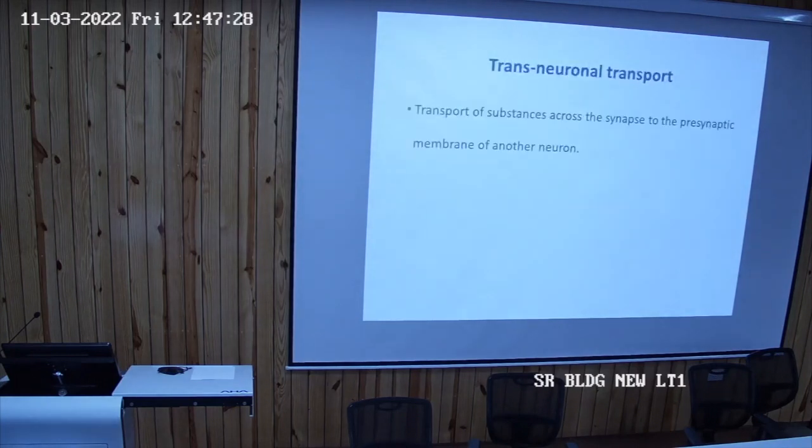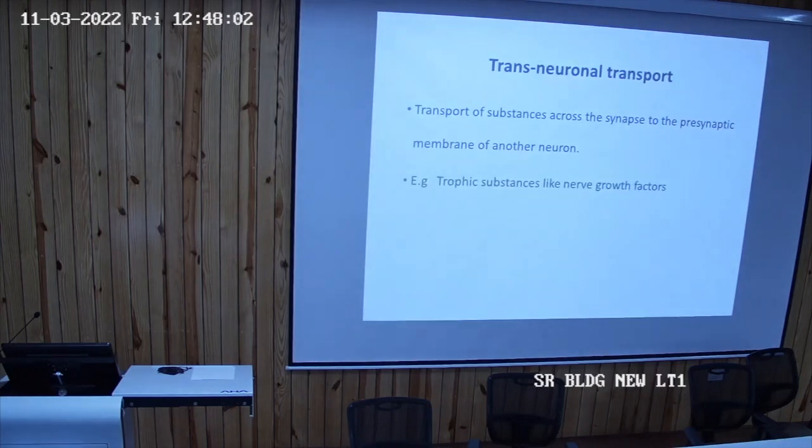When there is transneural transport, as we discussed, there may be substances which may be transported across the synapse. एक सिनेप्स से दूसरा सिनेप्स, तो क्या हुआ, एक दूसरे से अगल बगल वाले से वो ट्रांसपोर्ट कर सकते हैं. Okay, so there will be the transport of substances across the synapse of presynaptic membrane. तो presynaptic membrane एक न्यूरॉन का होता है, दूसरे न्यूरॉन में वो ट्रांसपोर्ट कर सकते हैं.